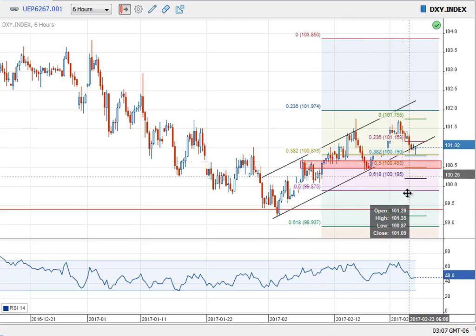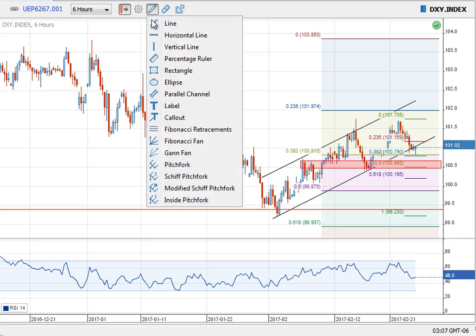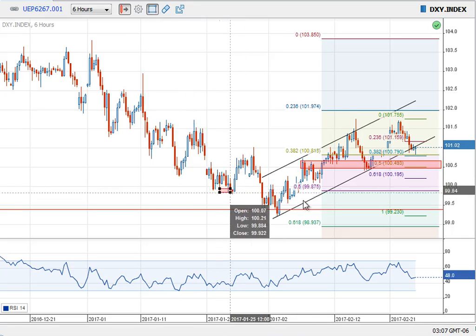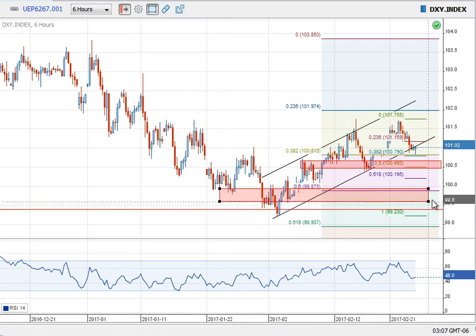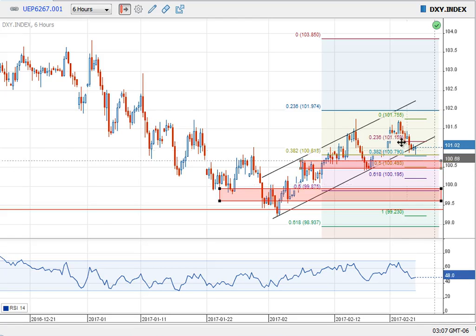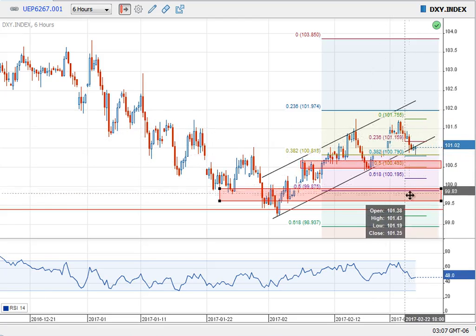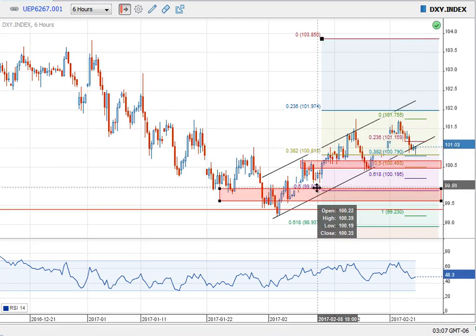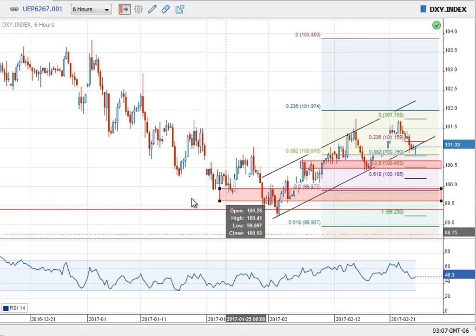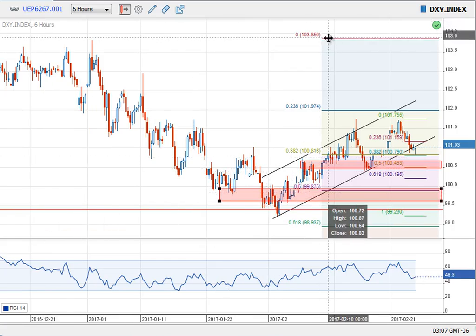If we break this previous base, we are going to be testing this previous area of support at around the 50 level, which confluences with the 100 level, which is a very important psychological level. So basically what I'm looking at is a break of this previous base and a real test of that 50% and the 100 level. Now you may notice that this is the 50% of the entire move up.